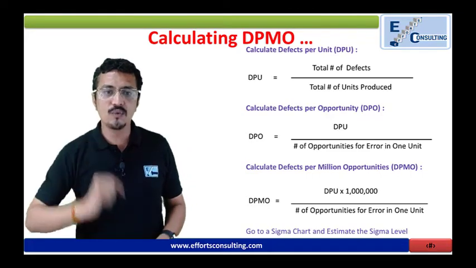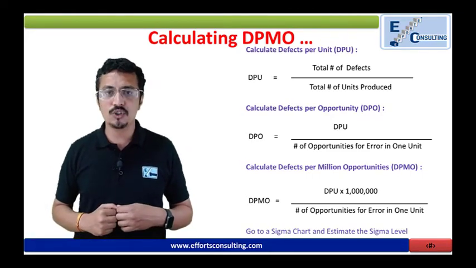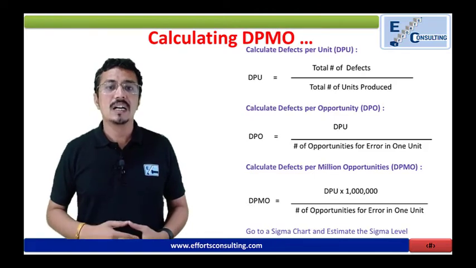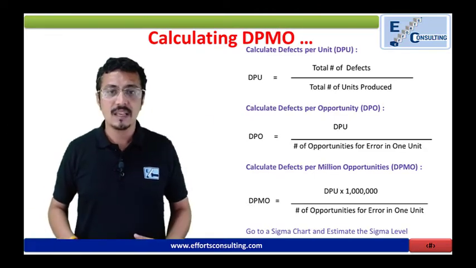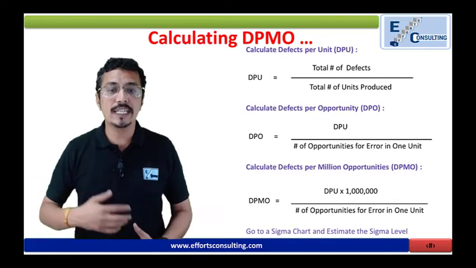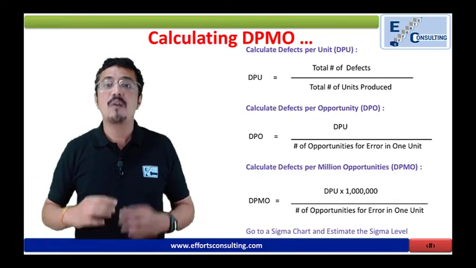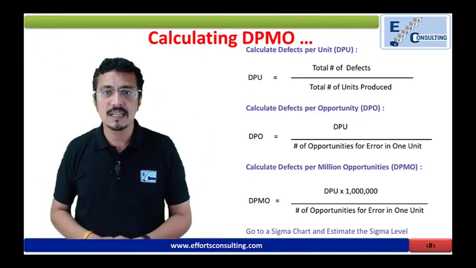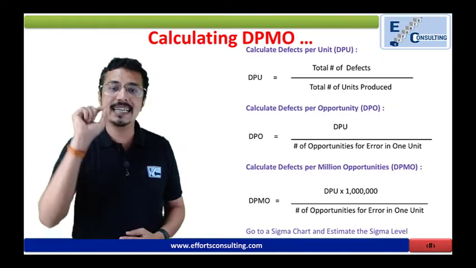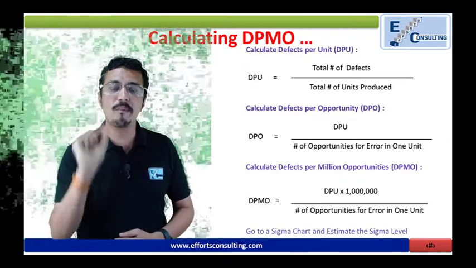Now, what do you mean by defects per opportunity? You have DPU based on the formula given here, and the opportunities for error in one unit. For creating one unit, you follow some processes, and every process is an opportunity for making an error.